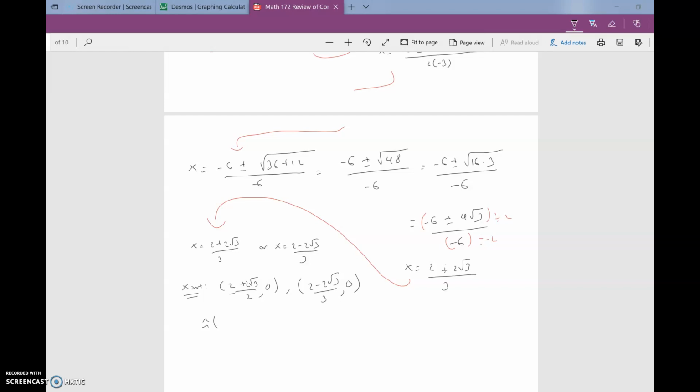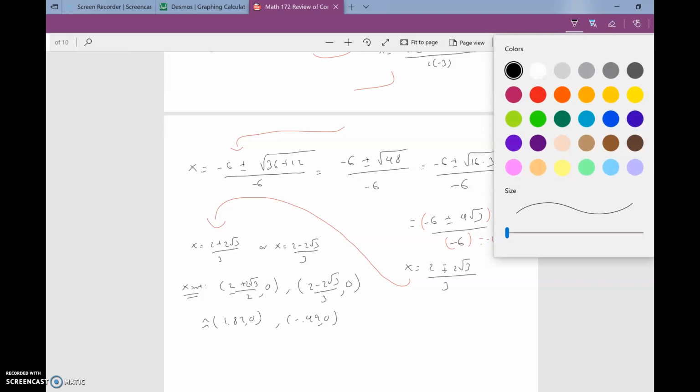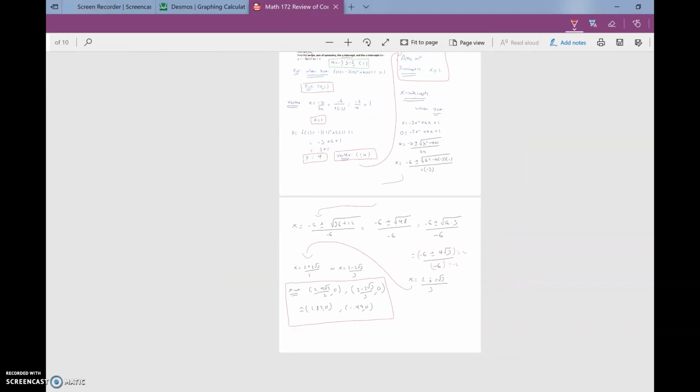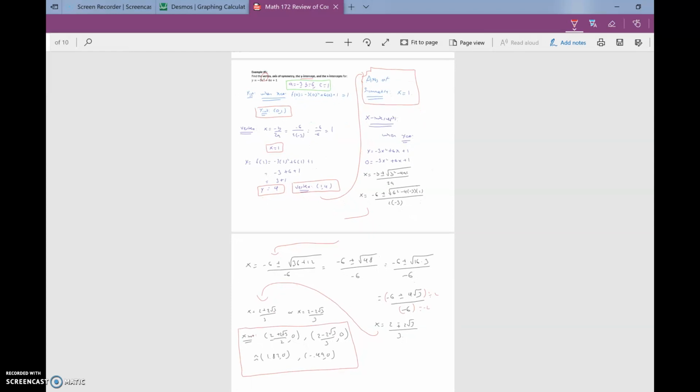I'm getting 1.82, 0. The next one is the one with the minus. So approximately negative 0.48, negative 0.49, 0. These happen to be our actual x-intercepts. And let's actually match it with Desmos.